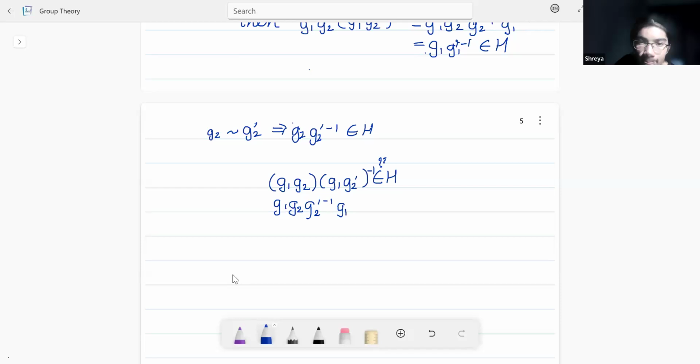Here we'll have to use the fact that it's normal. We already know that this thing belongs to H because we are given that. So then we need to prove that G1 H belongs to H, and this is true for all H belonging to H.